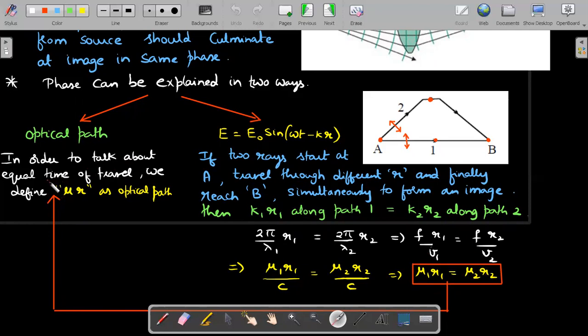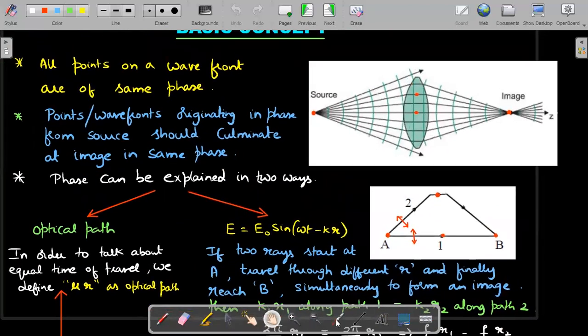So in order to talk about equal time travel, we define something called mu times r, which is the optical path. So going back, the geometrical paths of different rays, can you see, are different, but because this is thick at the middle and thin at the top, the optical path calculations would be the same for all of these. Then only you'll be talking about the image.